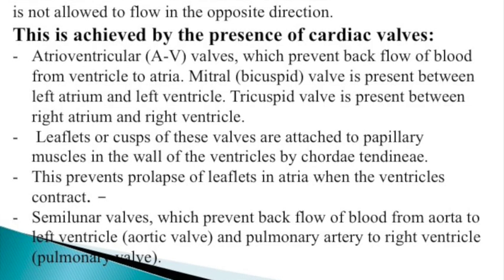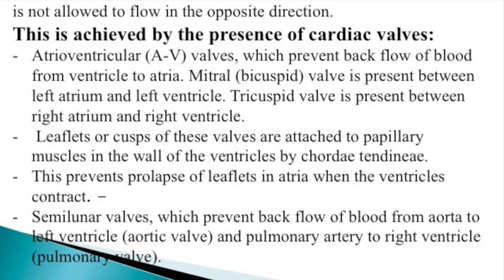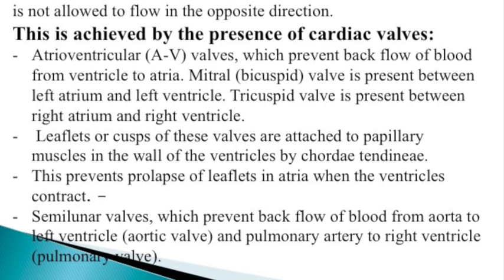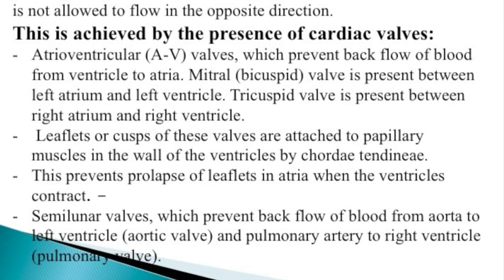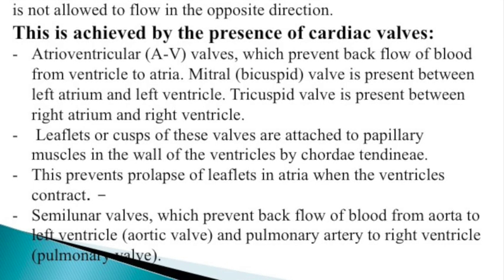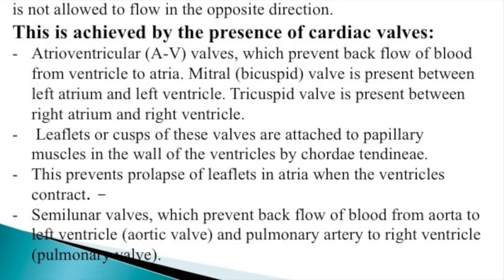The semilunar valves, on the other hand, prevent the backflow of blood from the aorta to the left ventricle, the aortic valve, and from the pulmonary artery to the right ventricle, the pulmonary valve.